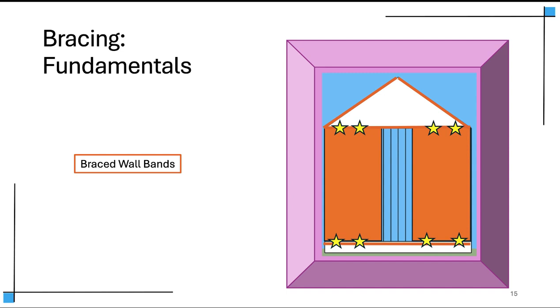We're going to go over braced wall panels, braced wall bands, and connections in much greater detail. At this point, it's just important to understand that braced wall bands are a concept, and they provide a framework for understanding how to design, place, and ultimately construct our lateral bracing systems within our Part 9 buildings.